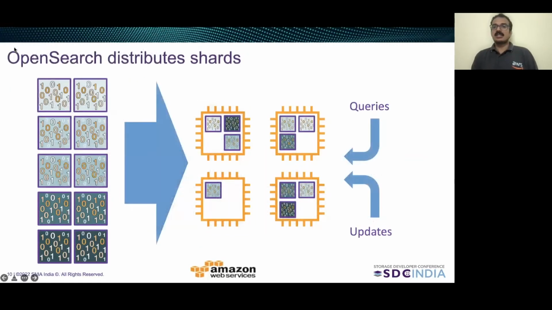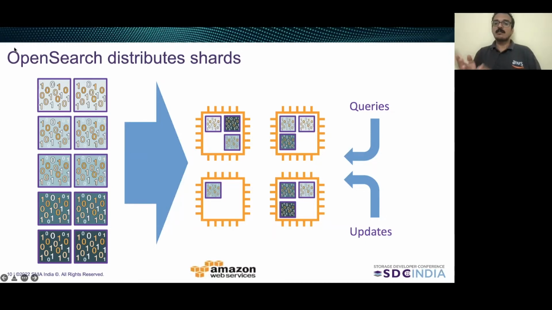As I mentioned, all of these primary shards and replica shards get distributed onto a set of physical hosts, and OpenSearch ensures that these shards are placed in such a way that primaries and replicas are on different hosts, and they are well distributed to handle the load. In case of node failure, the replica is in a different host so that you don't see any failures.